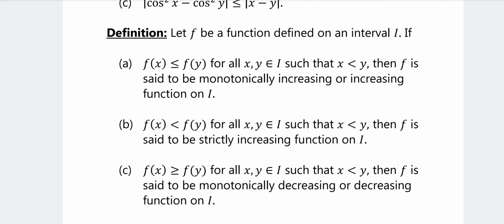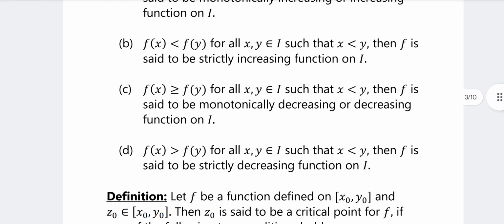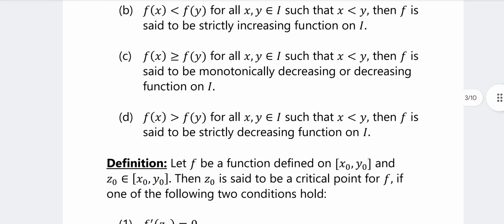What is C? What is monotonically decreasing? If my function is not increasing, such a function is called monotonically decreasing, or just decreasing. The definition is: f(x) is greater than or equal to f(y) for all x, y belonging to I such that x is strictly less than y.